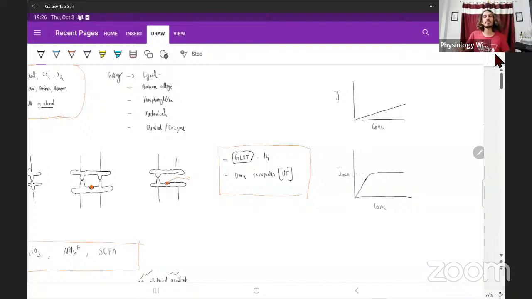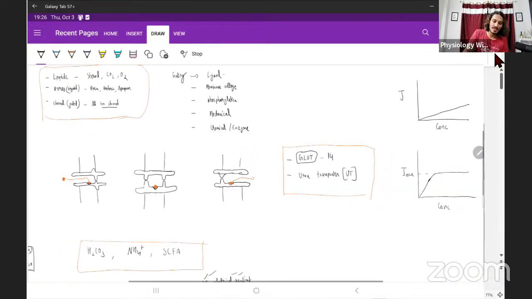That is the maximum speed it can attain. Okay. Why is that happening? Because of saturation kinetics. Because the carrier proteins that we're talking about are limited in number. Because of the limitation of the carrier protein, no matter how much concentration gradient is there, at some point when all the carrier proteins are saturated, you cannot go any more faster.